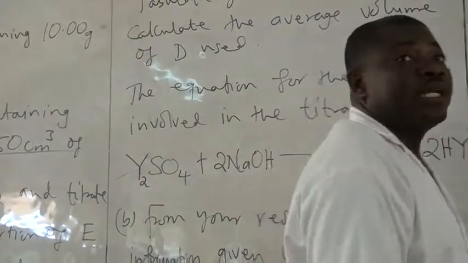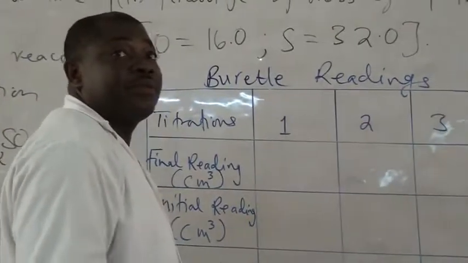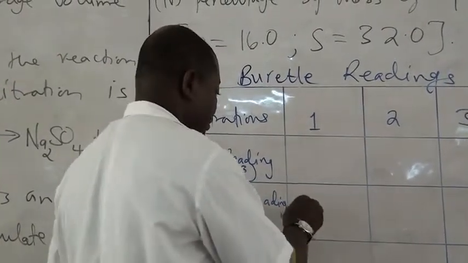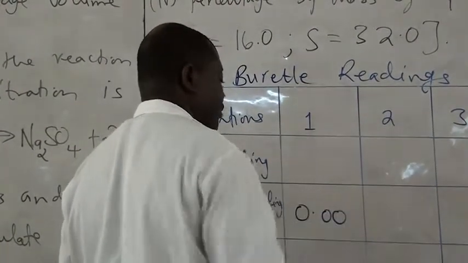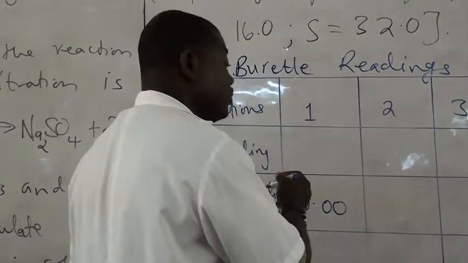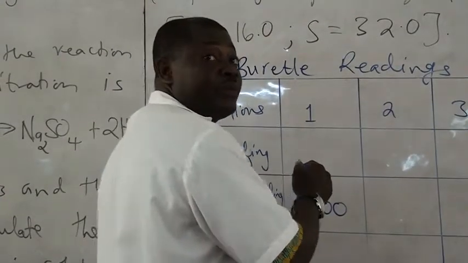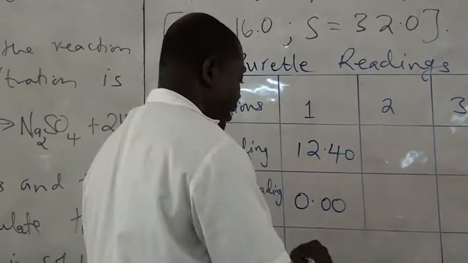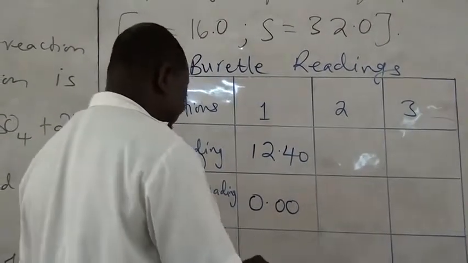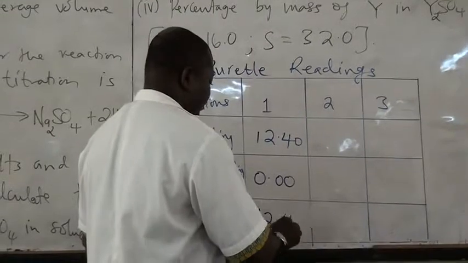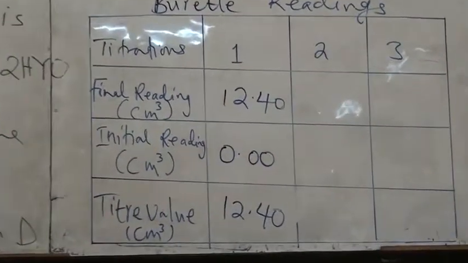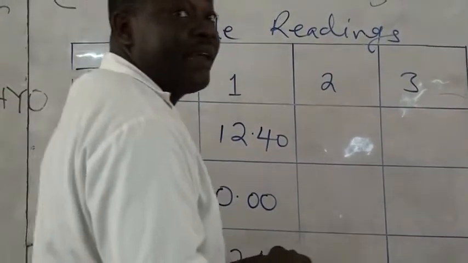Give me your first value. Okay, so the average titer value will be 12.40. And the final one.